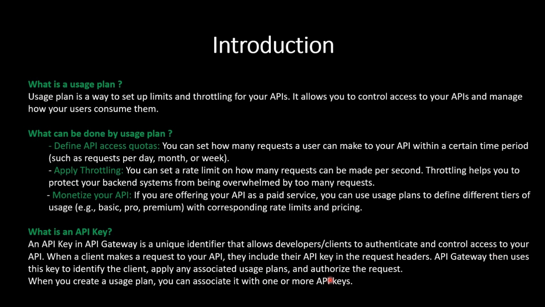So to understand this a bit better, let me give you an example. We will see an API from one of the popular API hubs, which is Rapid API. So let me open that portal.